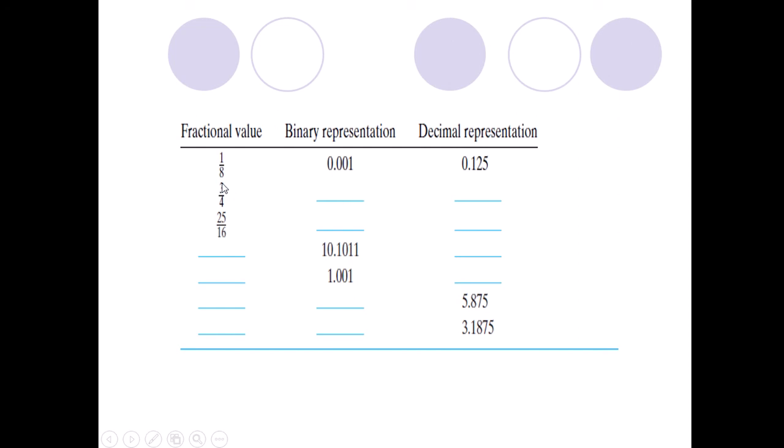Then after that you need to find out the representation of 3. 3 is 11, so you will write here 0.11. That will be the binary representation, and if you divide 3 by 4, then you will get 0.75 here.